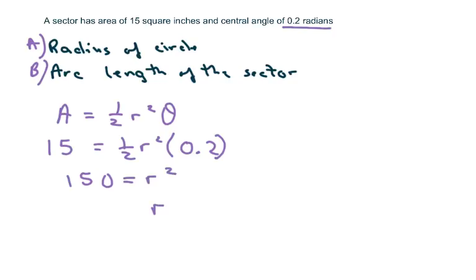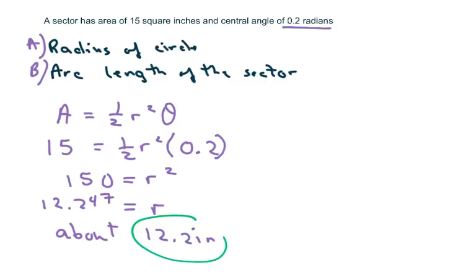When you square root both sides, and R is always positive, you're going to get 12.247, which is about 12.2 inches if you round to the nearest tenth. So we found our R. Now to find the arc length, we use our arc length formula.